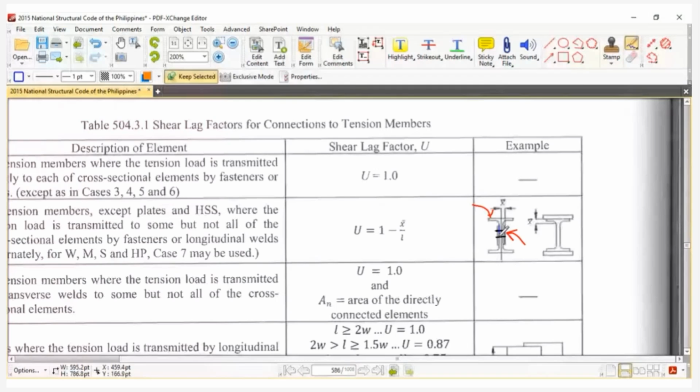The interface between the plate and the I-beam right here.